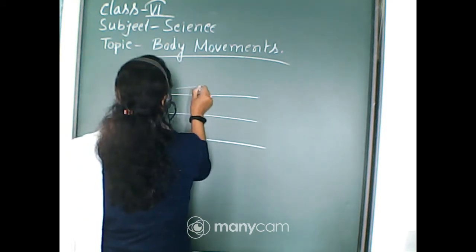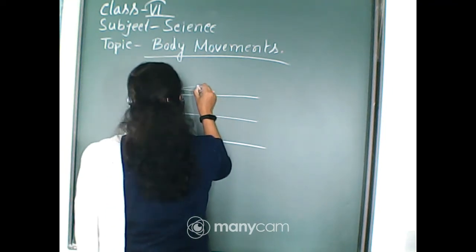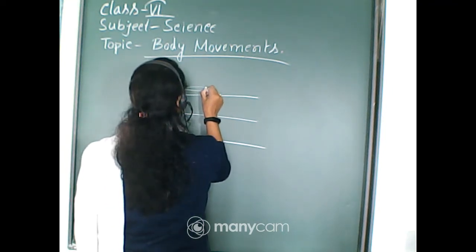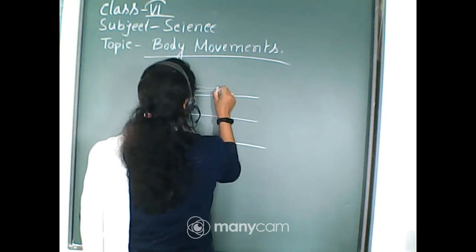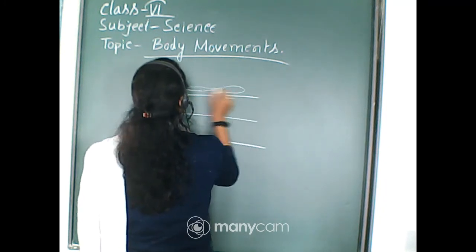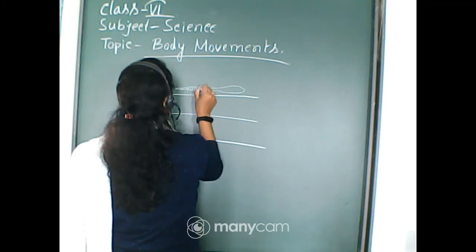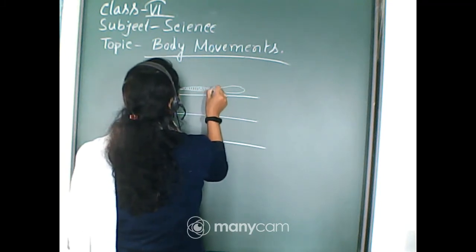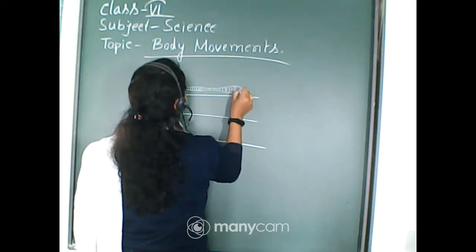If this is the body of an earthworm, now here you can see ring-like structures are already present in an earthworm.